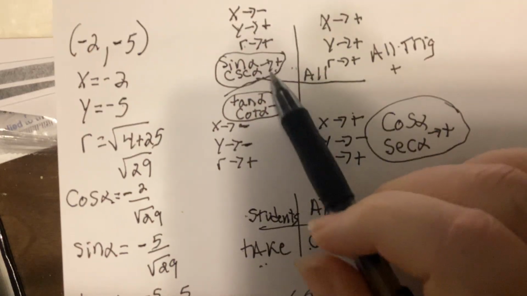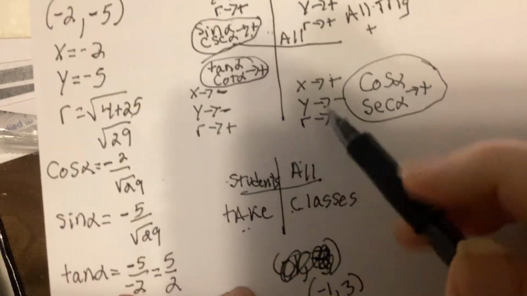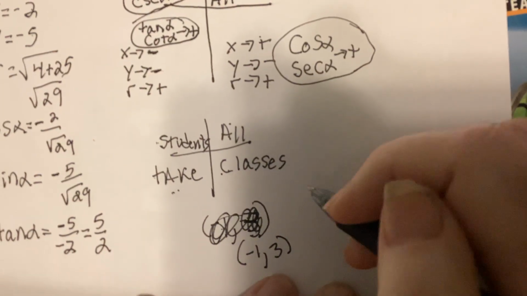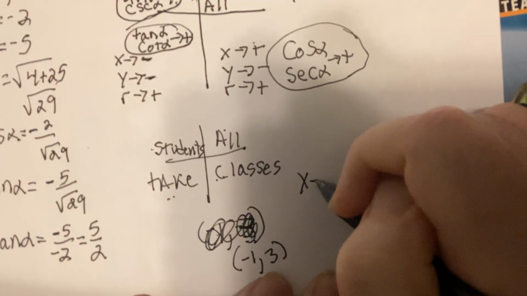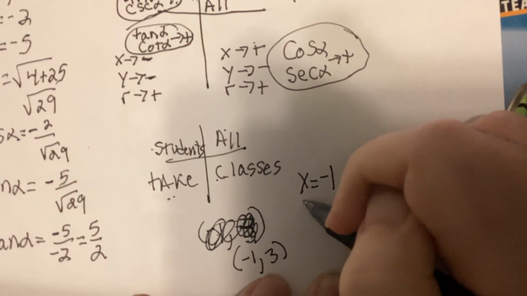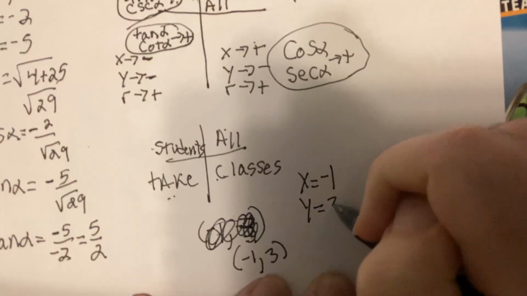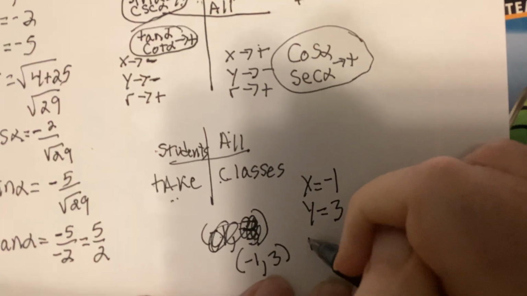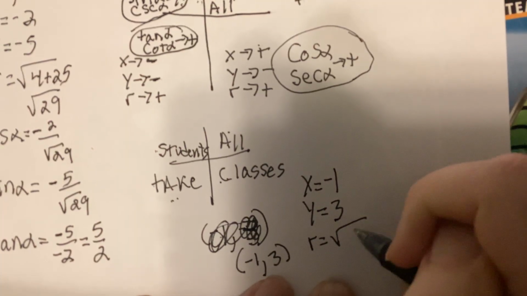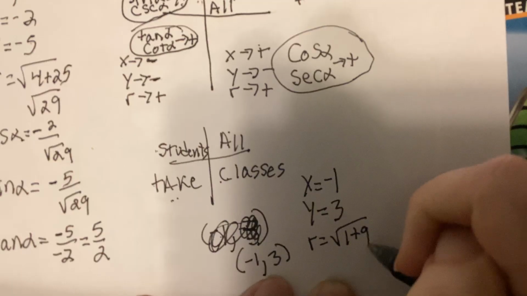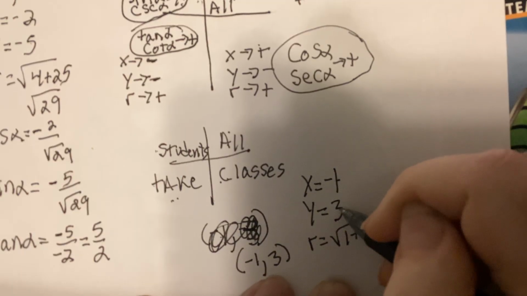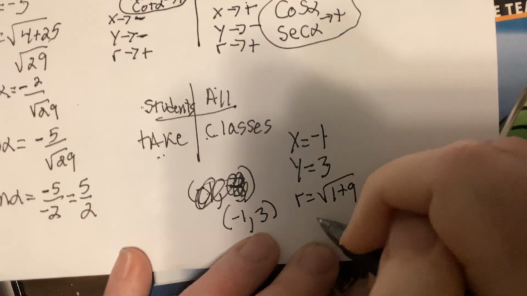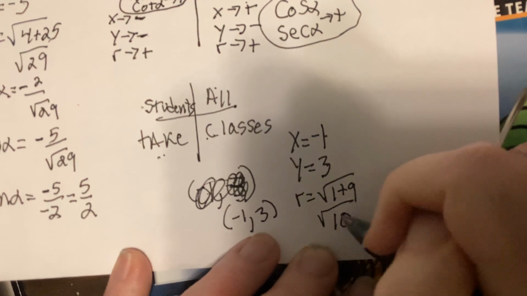So I would know sine is positive. So x is -1, y is 3, and r is the square root of 1 plus 9, this squared plus this squared. So that would be square root of 10.